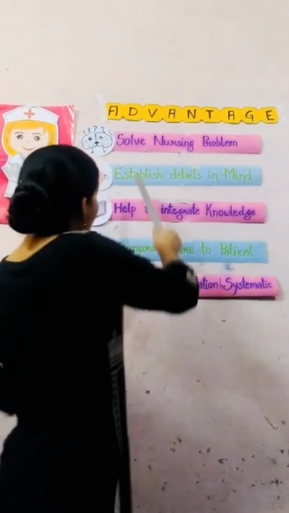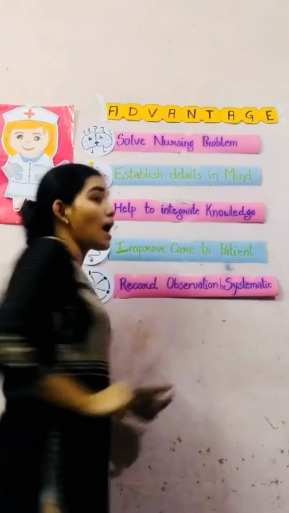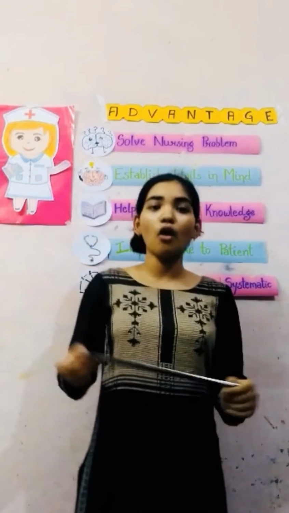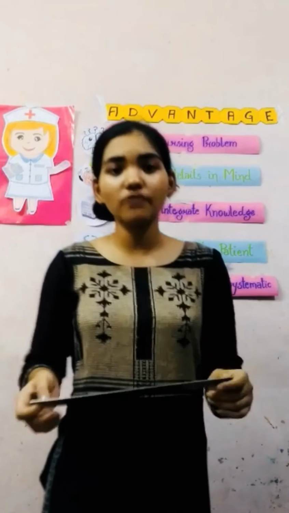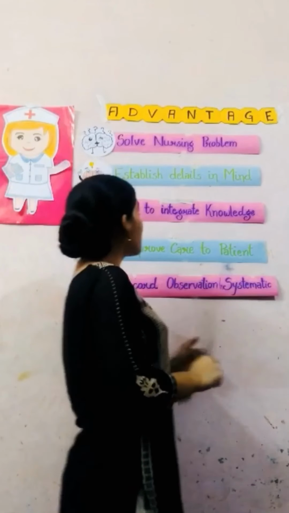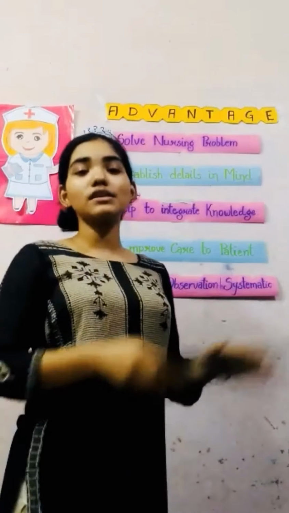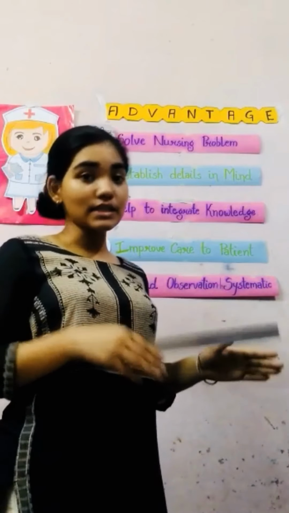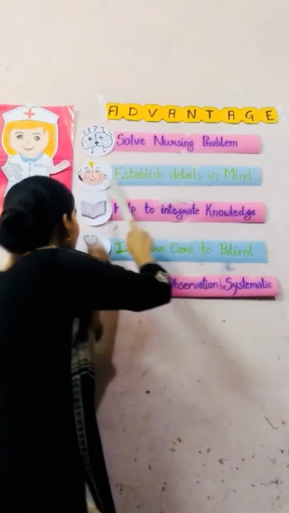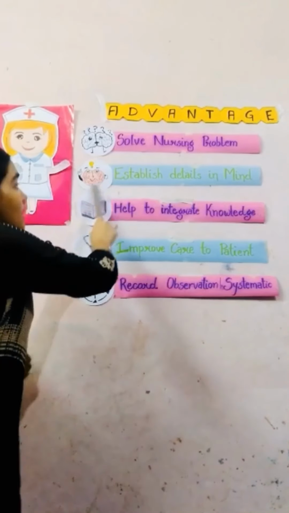Then establish details in mind. By assessing the patient or assessing each system of the body, or by past experiences, a nurse can establish details about each and everything in the mind.